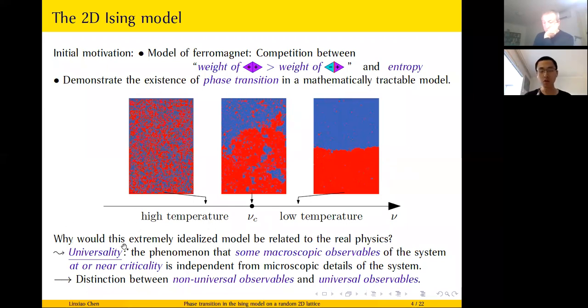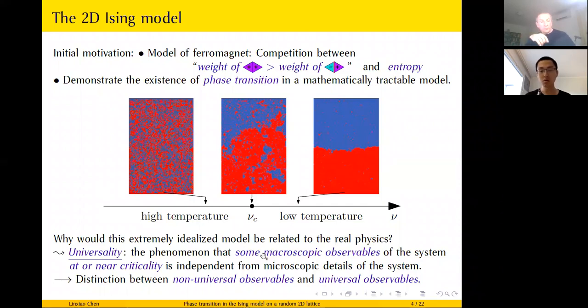Well, one part of the answer lies in the concept of universality. Universality is the phenomenon that some macroscopic observables of a statistical physics system at or near criticality are independent from the microscopic details of the system. And here I emphasize some macroscopic observables.